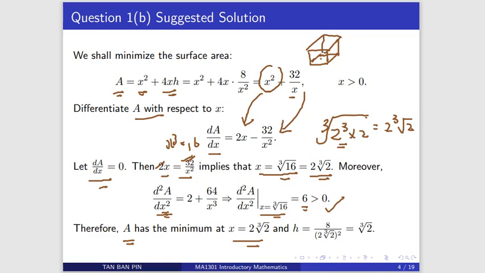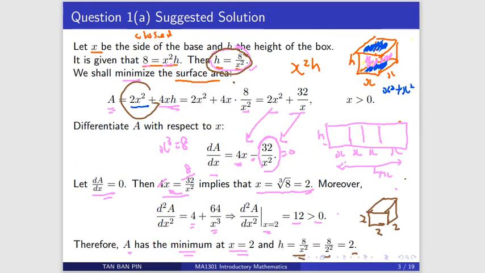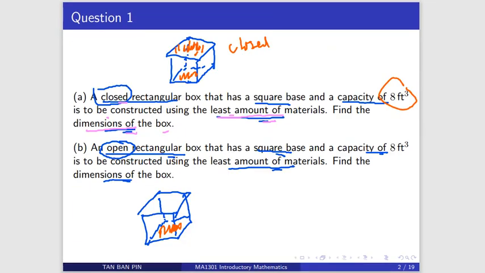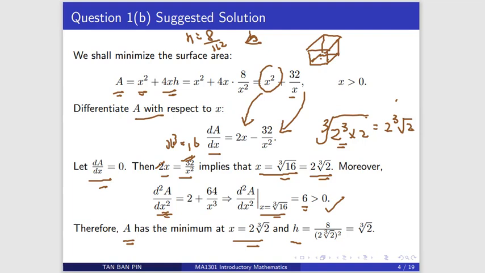And then you can solve for h. h is still 8 over x squared, like the previous case, because you consider the same capacity 8. So it's still h equal to 8 over x squared, because x squared h equals 8.